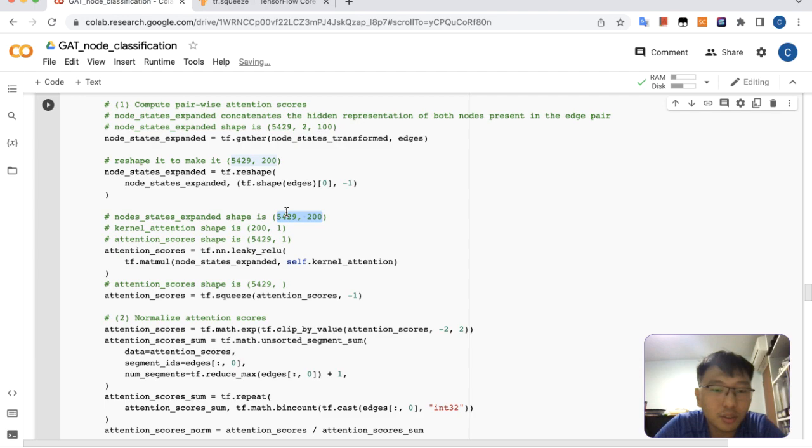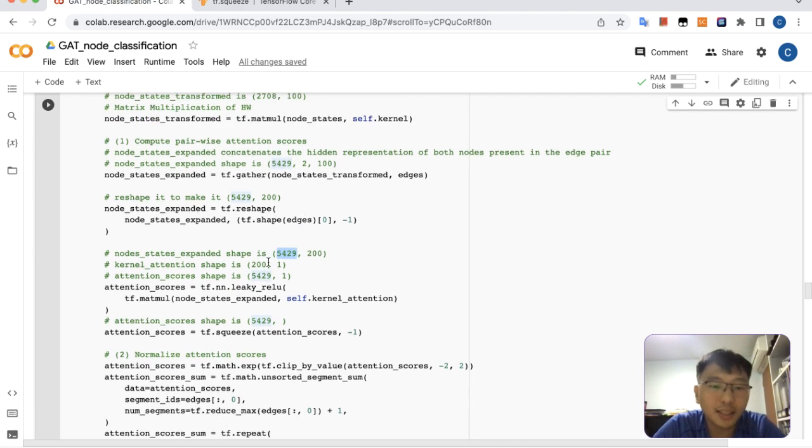I understand it now. So this 5429 is the connections of the edges in the graph, and in this case this is the Cora dataset. These are like which papers cite which papers.